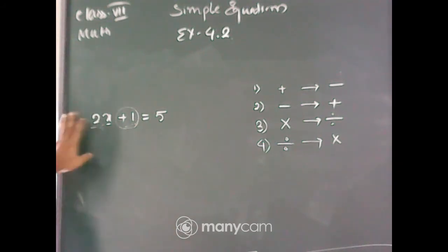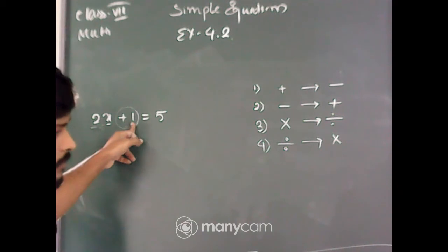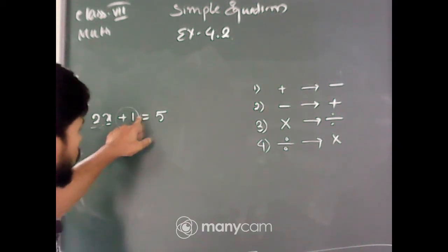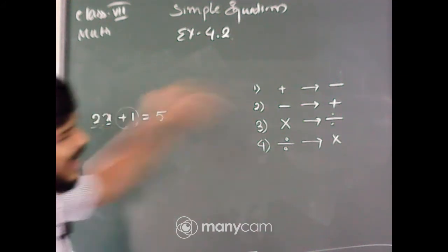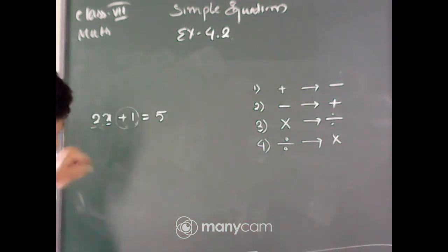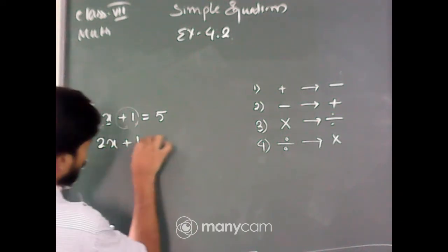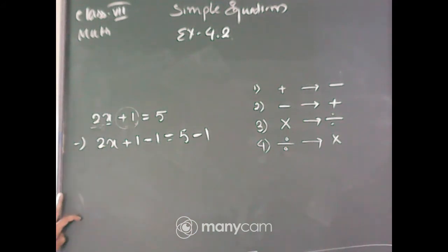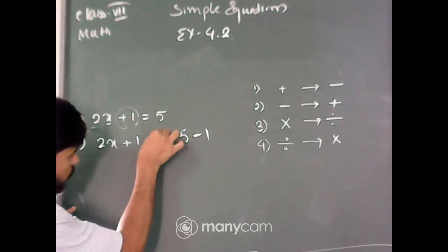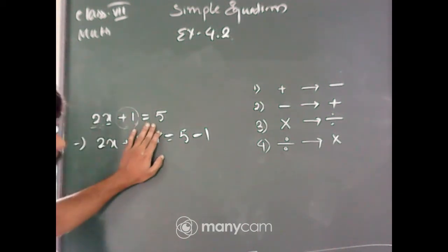Now this plus 1 can be removed by minus 1. If we subtract 1 from left hand side and right hand side, this plus 1 and that minus 1 will cancel each other. Okay. So the first step is we are subtracting 1 from both sides. So this 1 and that 1 will cancel each other.